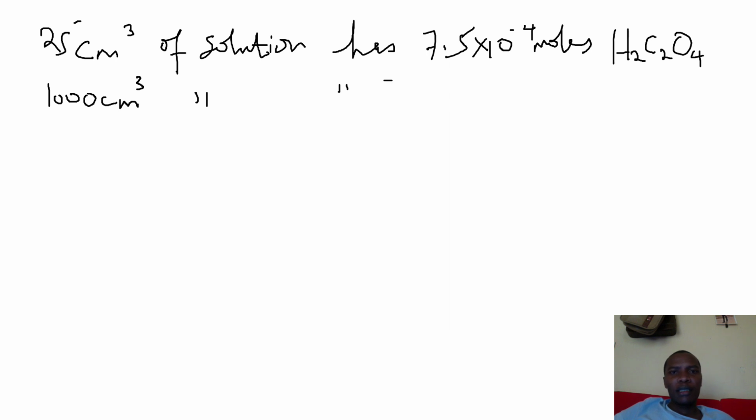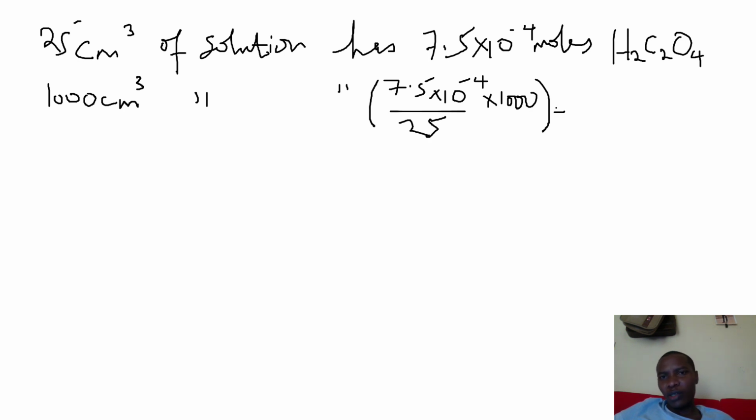It has the 7.5 times 10 to the power negative 4 out of 25. Then you multiply this one by 1000, and the answer you get is going to be the molarity.